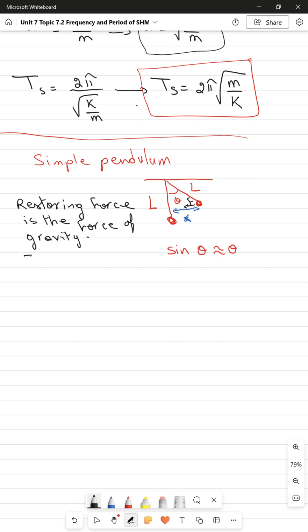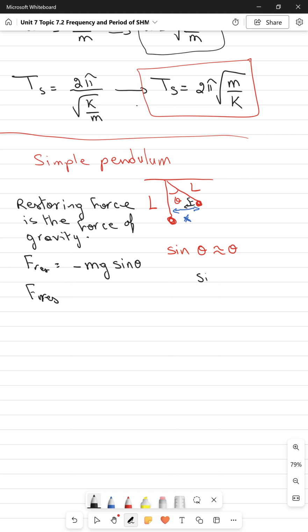So F restoring, since it's going to be in the opposite direction, will be minus mg sine theta. We want the x component of the force, since it's the one that brings it back to equilibrium. So it's going to be minus mg sine theta, which we can write as F restoring.